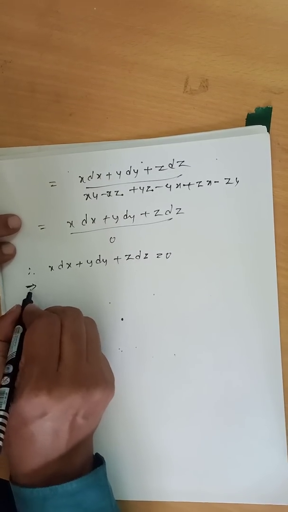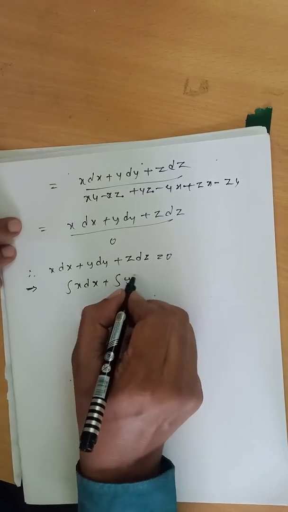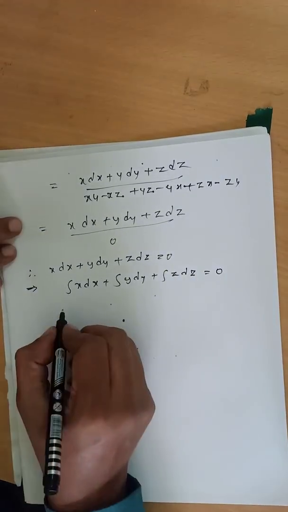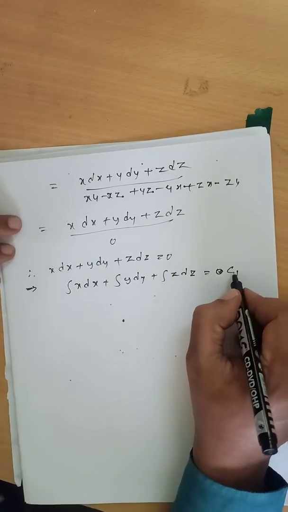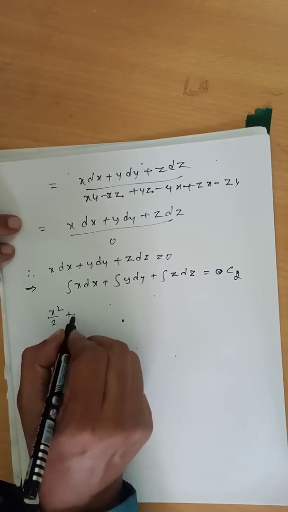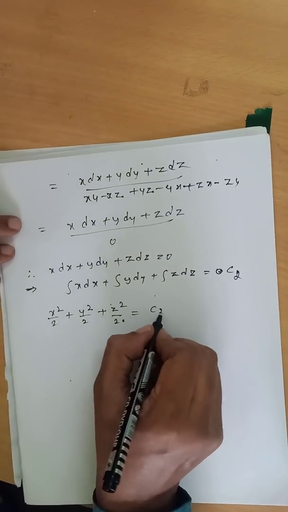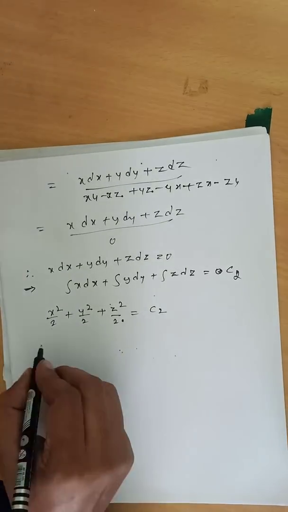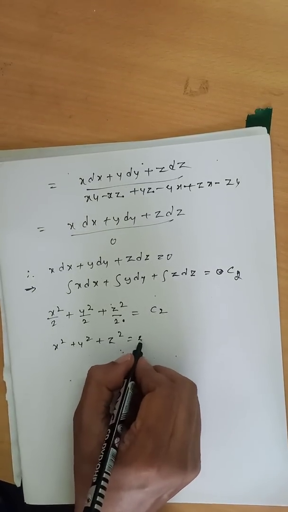On integration, integral x dx, integral y dy, integral z dz equal to constant, already mentioned c1, next c2. Integral x dx is x square by 2, y square by 2, z square by 2 is equal to c2. Or take constant term to the right hand side, x square plus y square plus z square equal to 2c2.